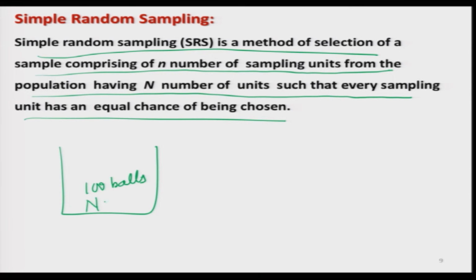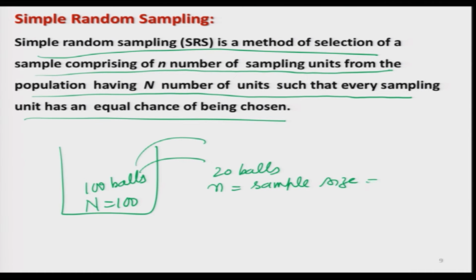So, my capital N becomes here 100 and now I want to draw, suppose, 20 balls. So, small n is the sample size and this is equal to 20, and capital N will be the population size, right.